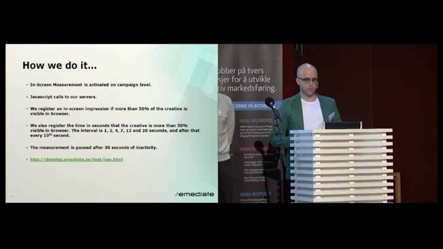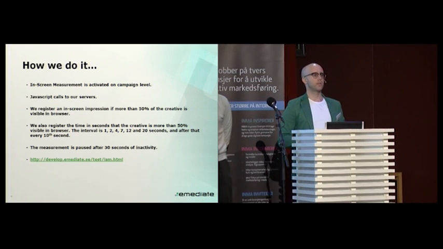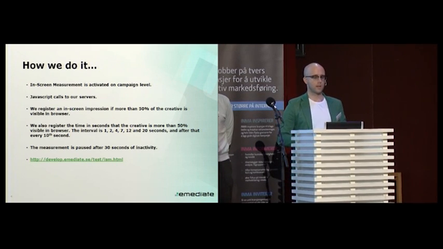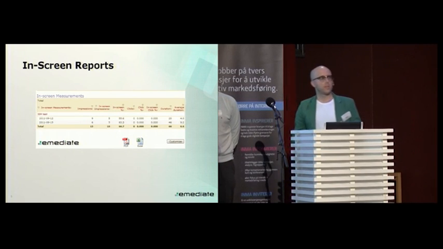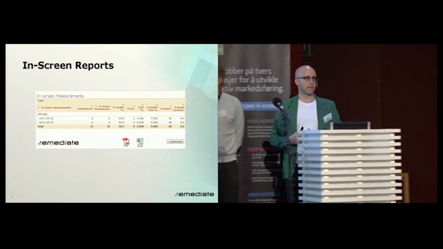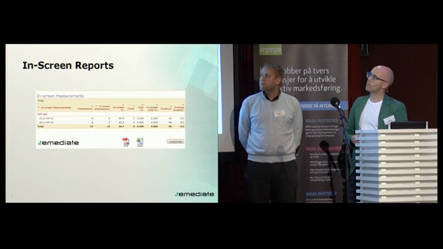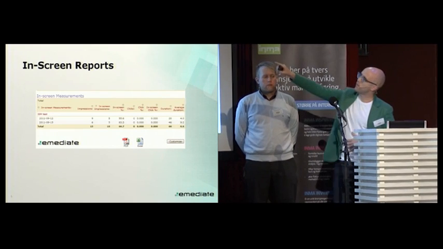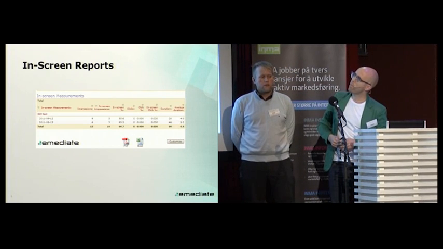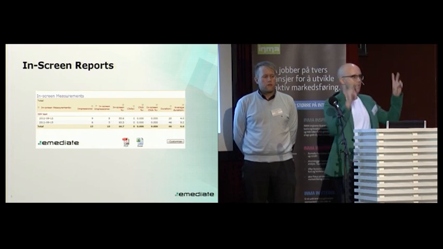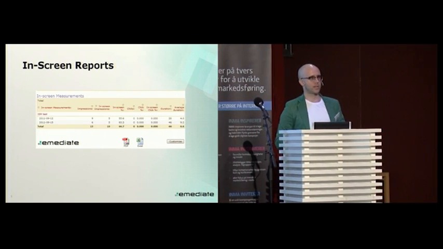So, once you've started counting in-screen impressions, you of course want to see what kind of figures you get on the reports of that campaign. If we start at the 12th of September, you have 9 ordinary impressions.